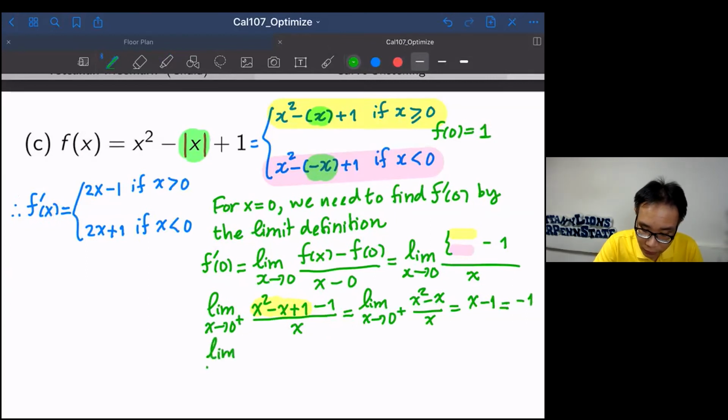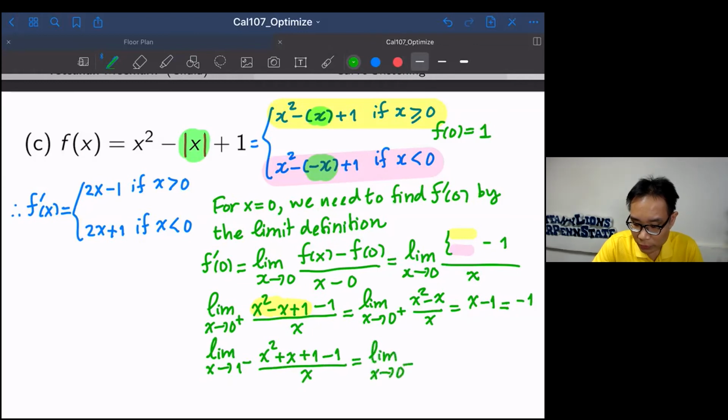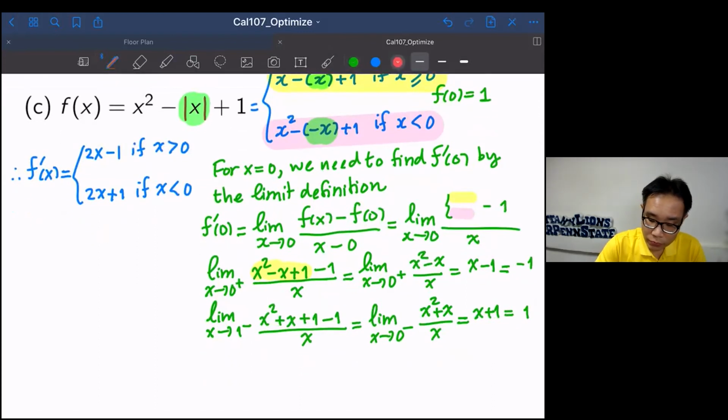On the other side, you have the limit as x goes to 0 from the left of x squared plus x plus 1 minus 1 over x. So you get the limit as x goes to 0 from the left of x squared plus x over x, which is x plus 1, so it's going to be 1 in this case. You see that these two are not the same.